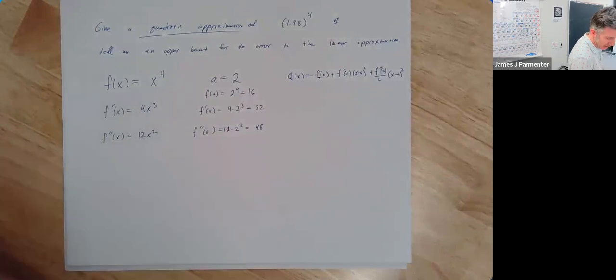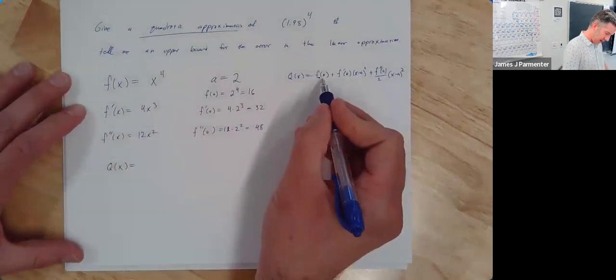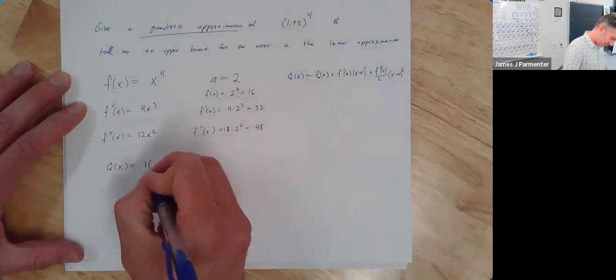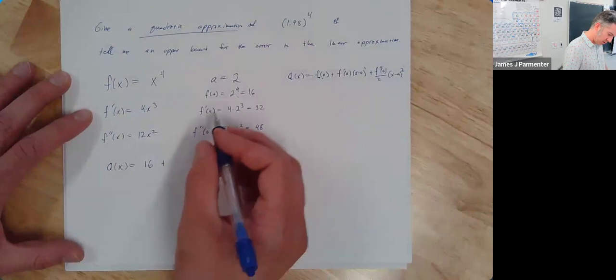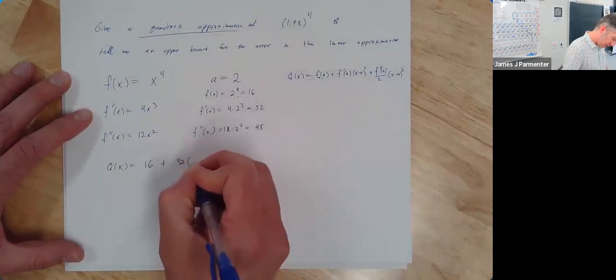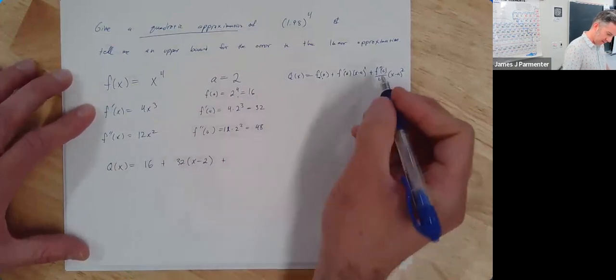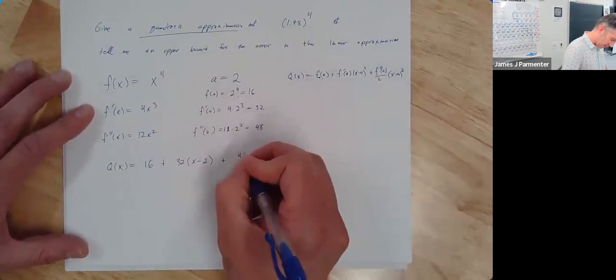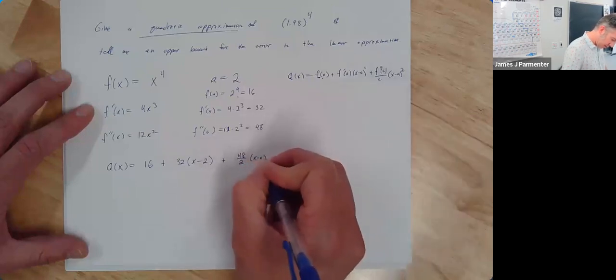All right. And now we just literally toss everything into the formula. So my quadratic approximation here is going to be f of a, which is 16, plus f prime of a, which is 32, times x minus a, which was 2, plus f double prime of a, which is 48, divided by 2, times x minus a squared.